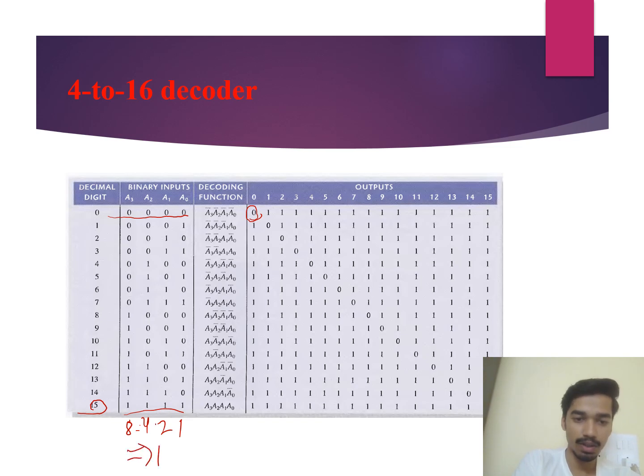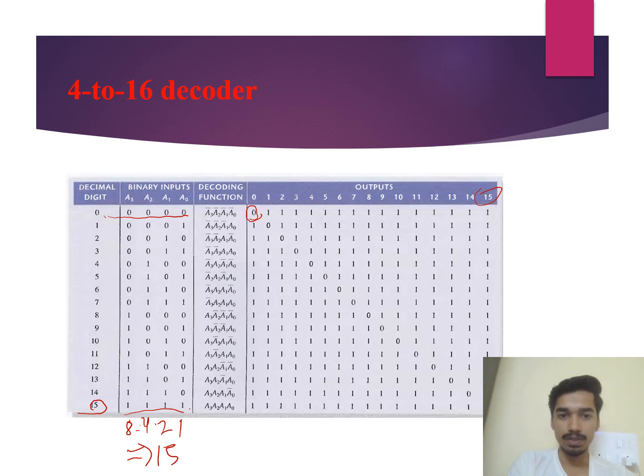That's why all the inputs are 1. So it is representing the binary number 15. And for this input 1111, we are getting the output at the last one. Y15 will be 0.